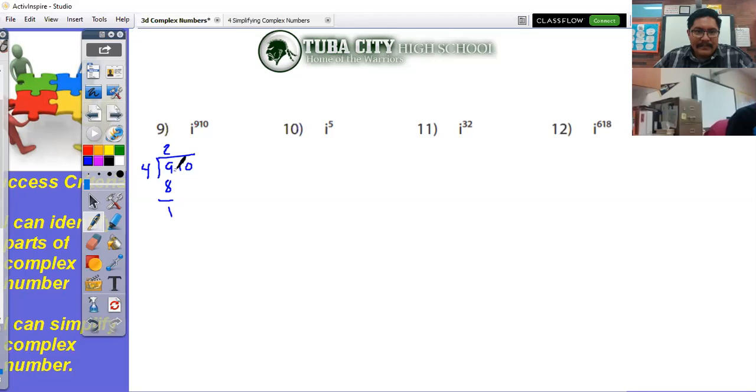So I get 1 left over, bring that down, and I have 8 here, so that's going to be 2. 11 minus 8 is going to be 3. Bring this down. Don't forget, just because you see a 0 doesn't mean it's over. So in this case, I know it's going to be 28, which is going to be 7 up here. But again, we don't care about this up here today.